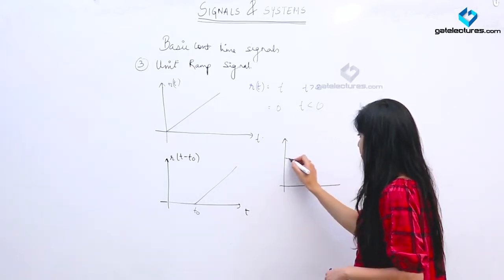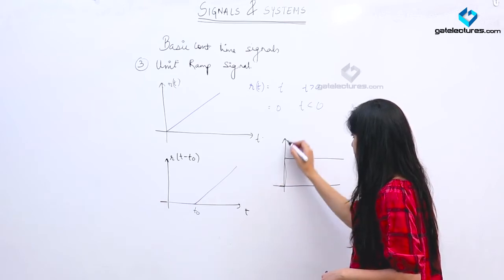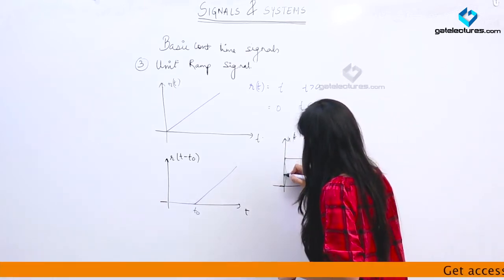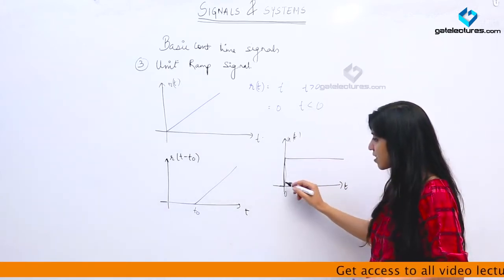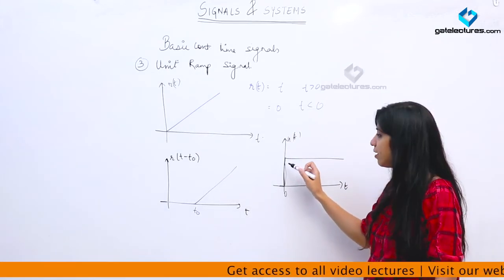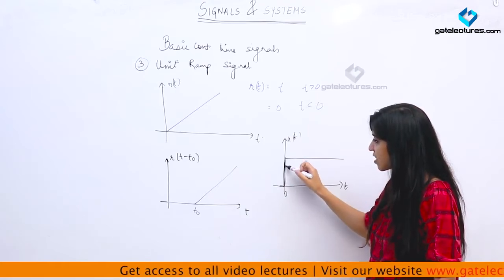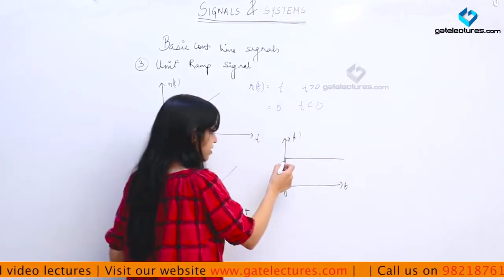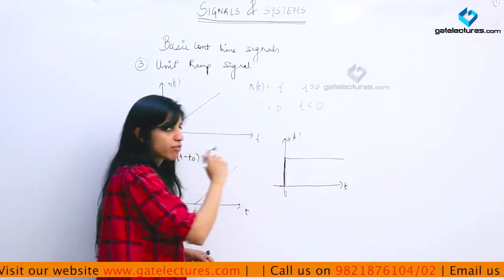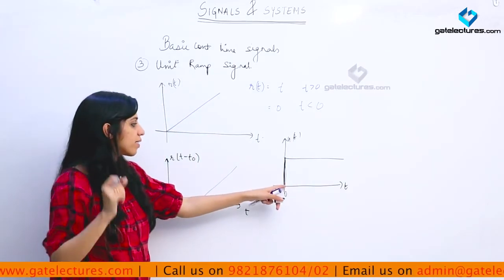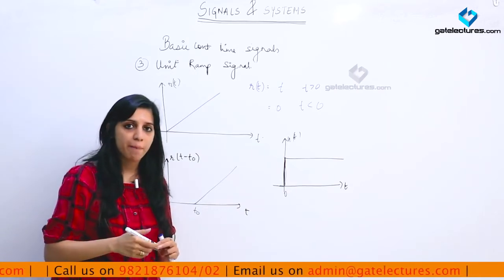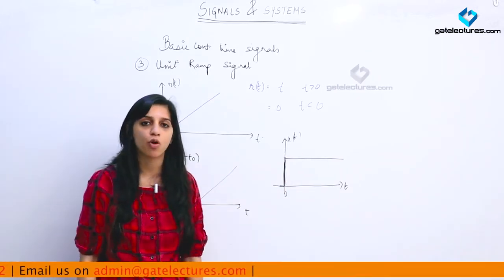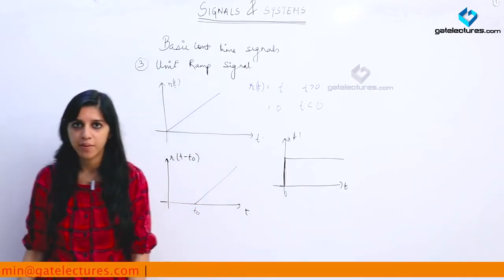The slope of this line is changing steeply at t equal to 0, right? And what is the change in slope? Infinite, because this is a line parallel to the y-axis. So whenever I differentiate a unit step signal, I obtain an impulse at that point.